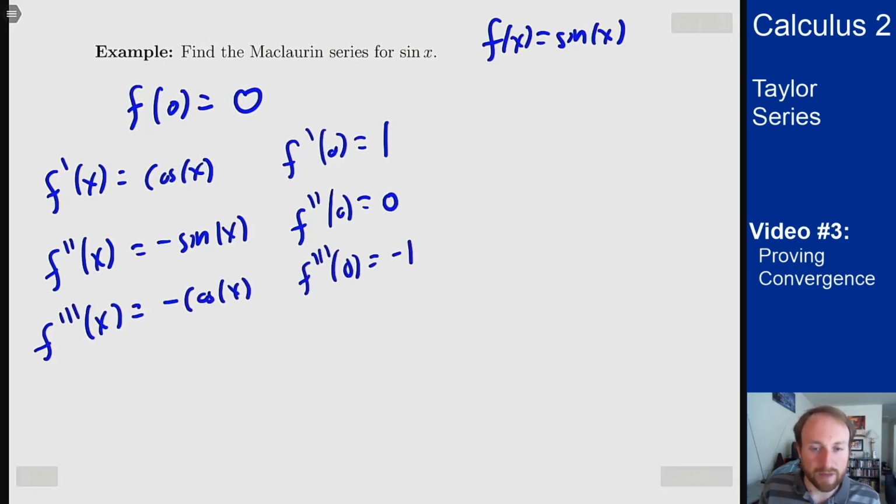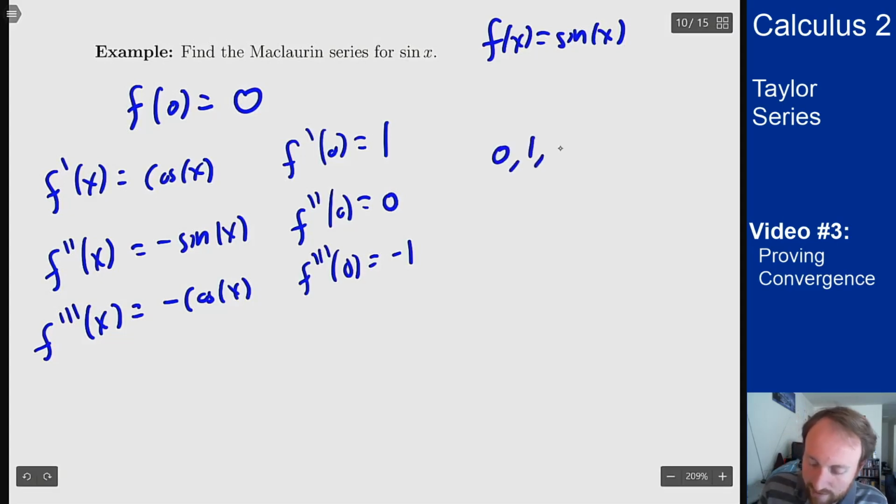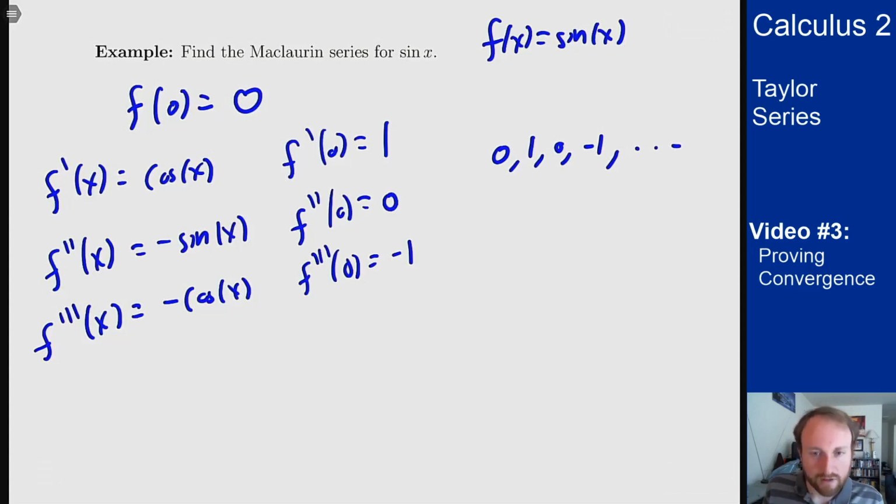And this pattern is going to repeat, right? Because then I'll get back to sine, which is 0, and then I'll go 0, 1, 0, minus 1, 0, 1, 0, minus 1 along the entire series. This pattern of 0, 1, 0, minus 1, and so on is what I'm going to get every time. So let's try to figure out what this looks like in terms of the actual series.